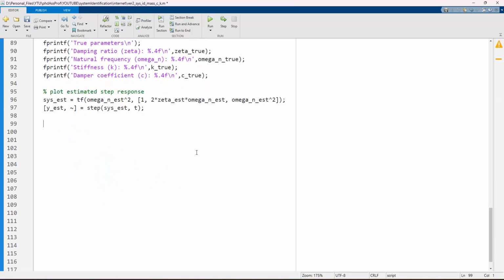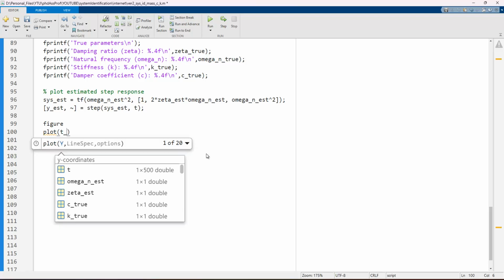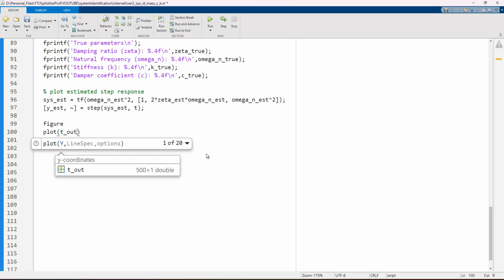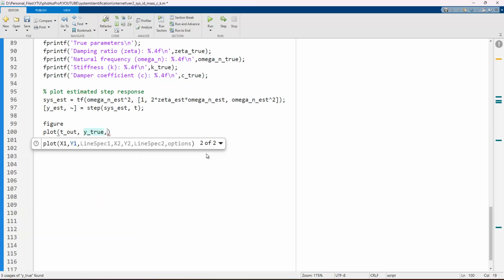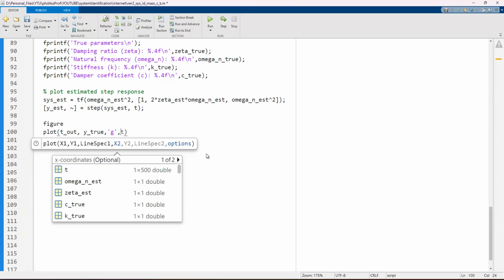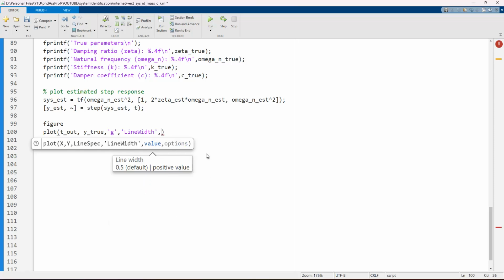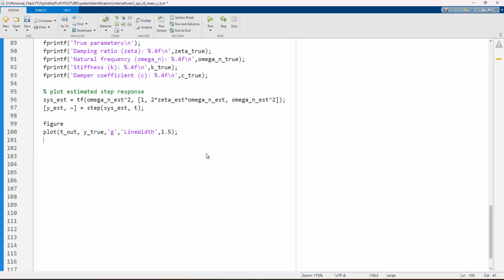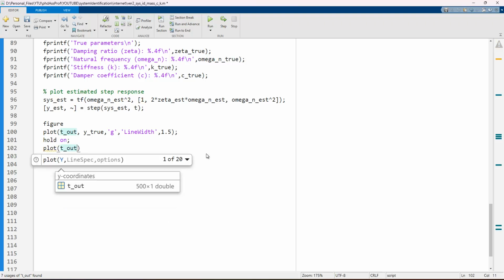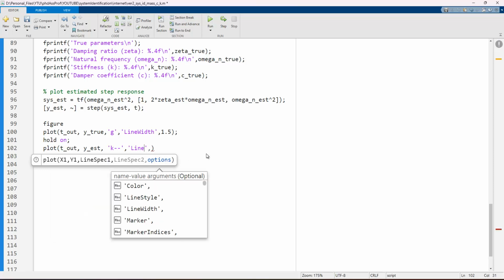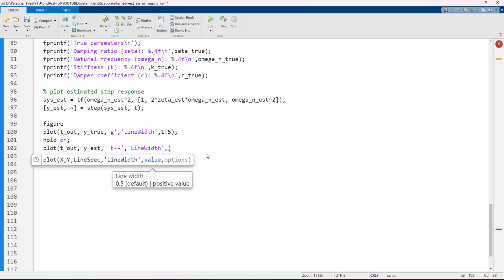Okay, and so we have two responses, the estimated step response and the true step response, and we can compare the figures here. The plot of t out and y true values can be drawn, assigned to green, with line width 1.5, and hold on should be given here. Plot t out and y estimation values with k dot, and the line width 1.5.